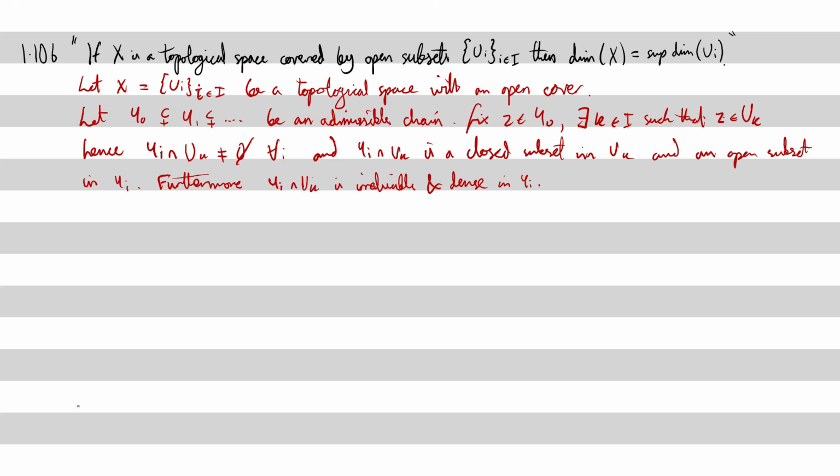So, if yi intersect UK equals yj plus 1 intersect UK, then yi equals the closure in X of yi intersect UK, which is, well, yi is a closed set, and this is dense within yi, equals, again, the closure of yj plus 1 intersect UK, which is equal to yj plus 1.